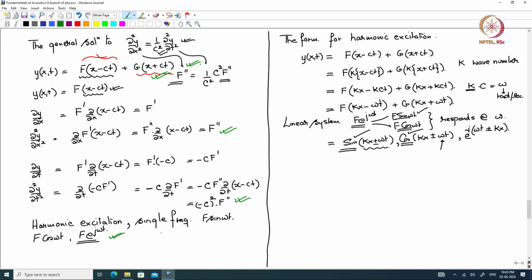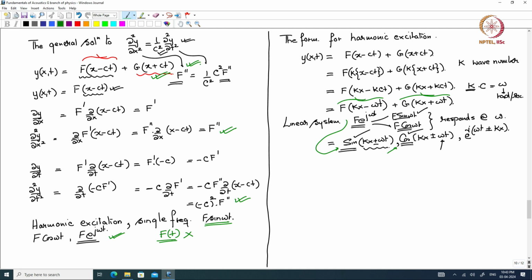The excitation is not going to be some general forcing of time, it is going to be a single frequency sinusoid or cosinusoid, and as a result, in case of this linear system, this form will acquire a sinusoid or cosinusoid expression.